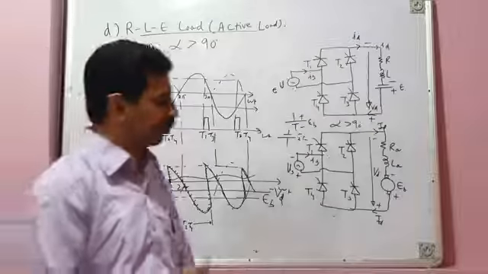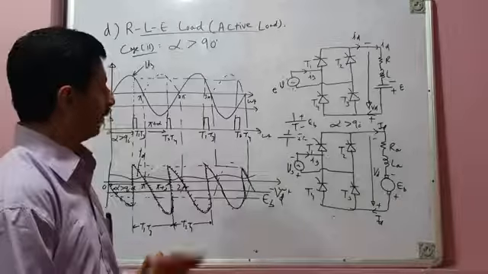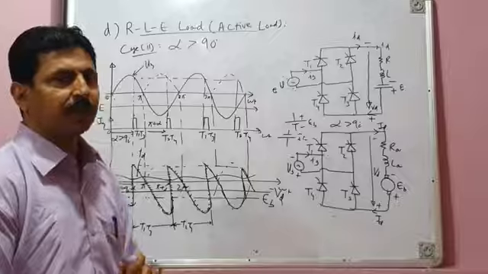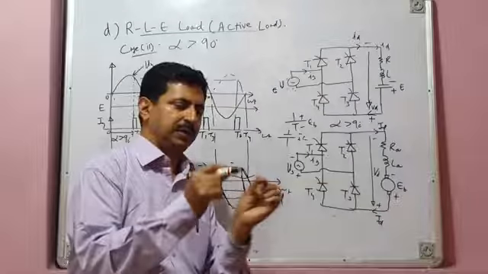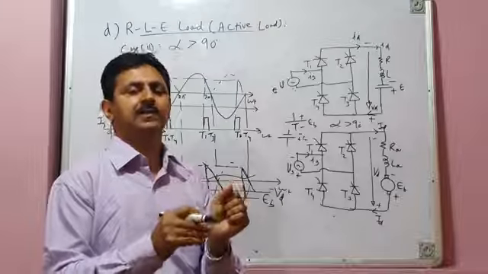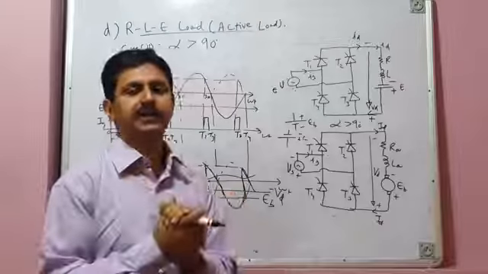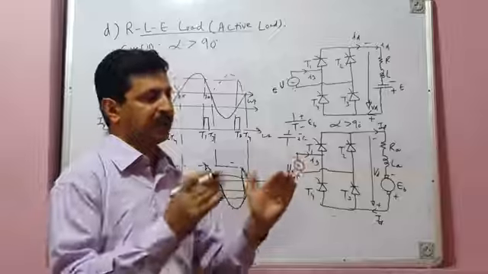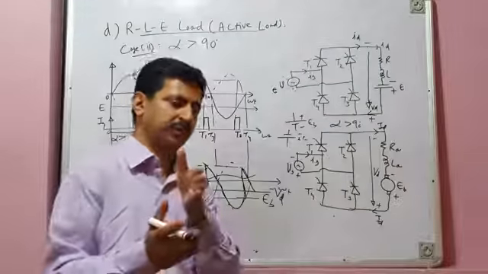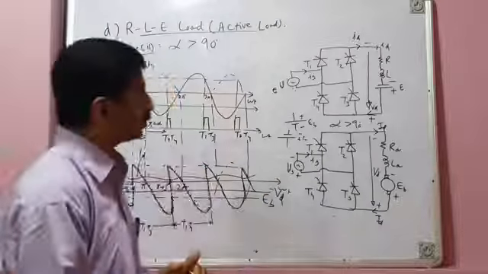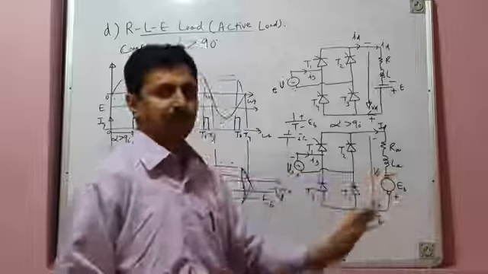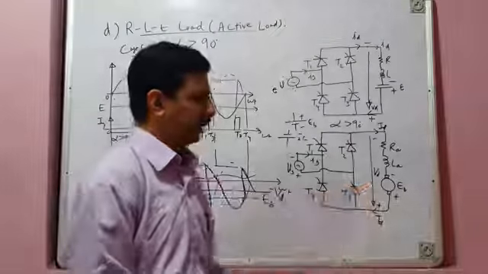So therefore, it is possible for us to operate our converter in the rectification mode or inversion mode. In the rectification mode, delay angle is between 0 and 90 degrees, and in the inversion mode, delay angle is varied from 90 to 180 degrees. For rectification mode, power flow will be from source to load, and for inversion mode, power flow will be from load to source. But that is possible only in case of an active load, like a DC motor load or a battery load, which has its own energy.